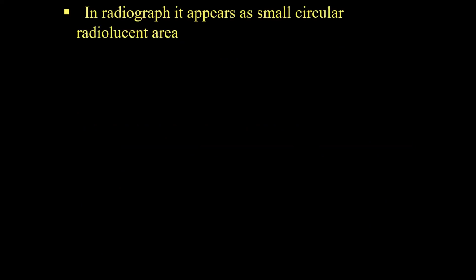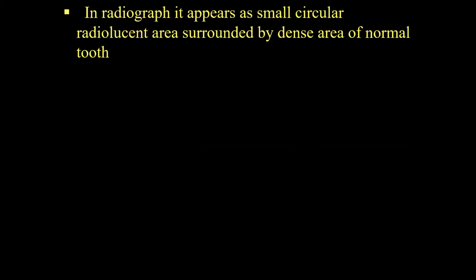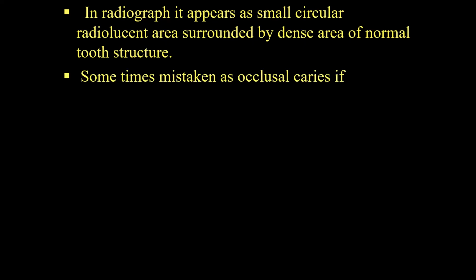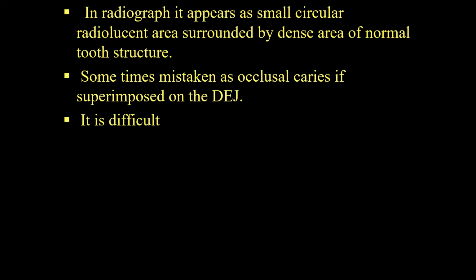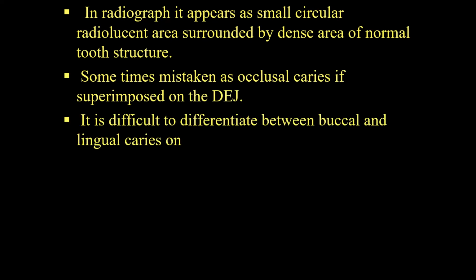In radiographs, as I said, it appears as smaller radiolucent areas surrounded by a dense area of normal tooth structure. Sometimes this can be mistaken as occlusal caries. If the radiolucency is superimposing on the dentino-enamel junction, we can mistake it as an occlusal caries.